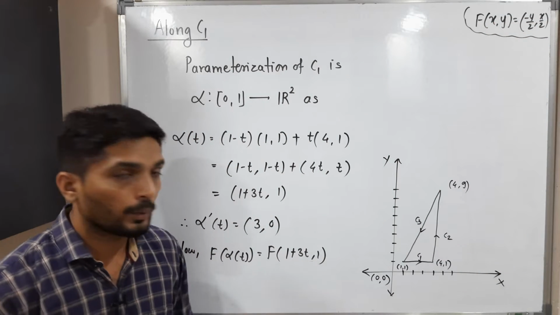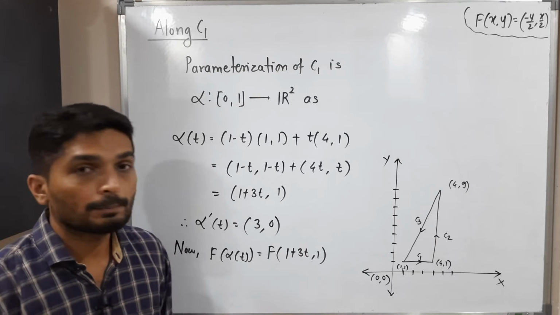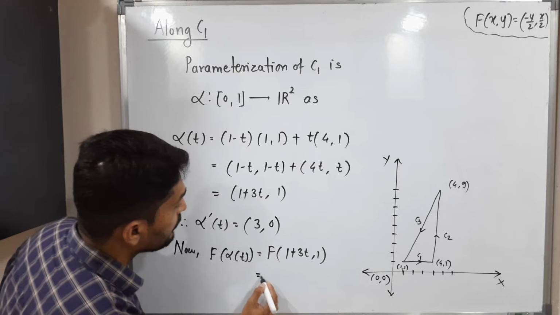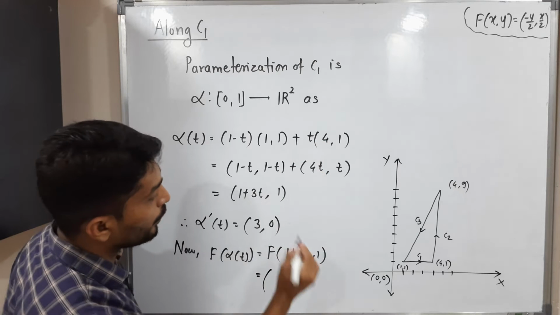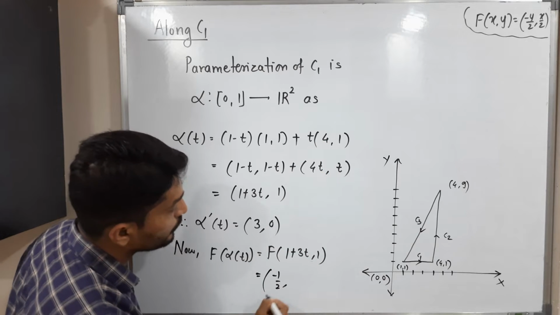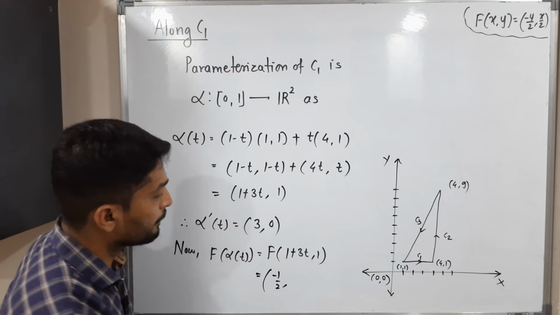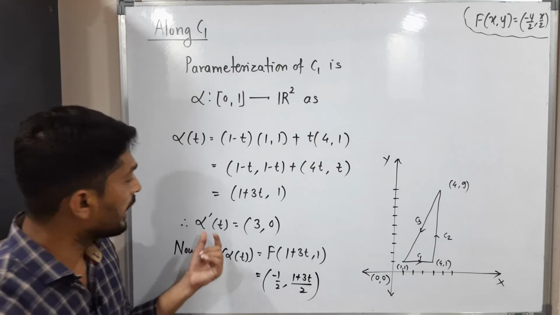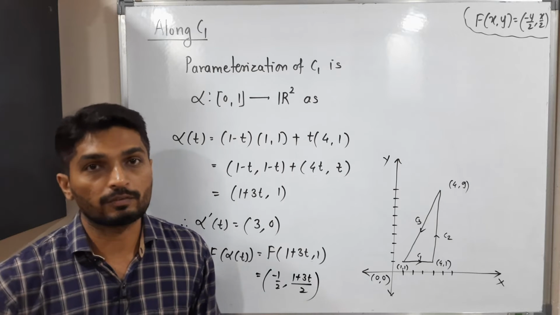What is y here? 1. What is x here? 1 plus 3t. So using that definition, y is 1, so the first component is minus 1 by 2, and x is 1 plus 3t, so the second component is (1 plus 3t) by 2. In this way we have alpha dash of t and f of alpha of t also.